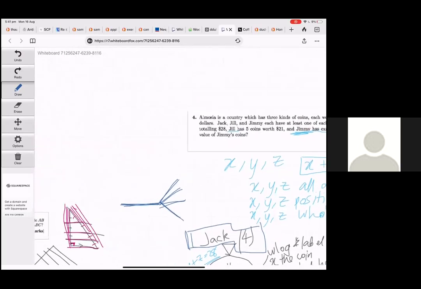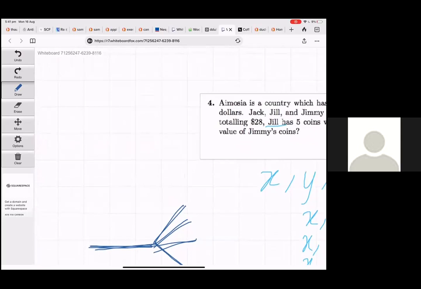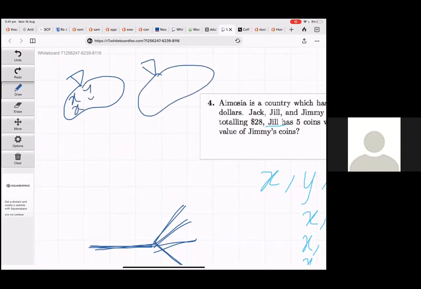If I had started with Jill instead, well, there would be 2 distinct cases. The 2 distinct cases would be X, X, Y, Y, Z, and X, Y, Y, Y, Z. Up to relabeling, these are the only 2 distinct cases. So this would be like Jill 2.